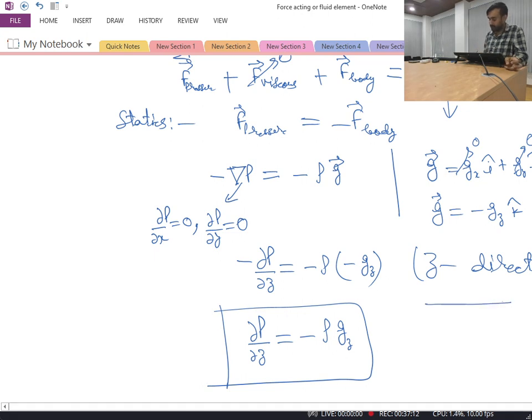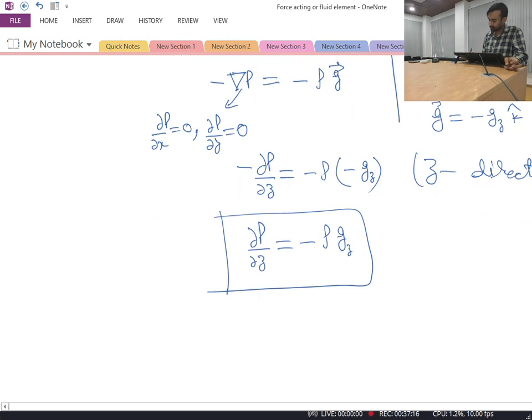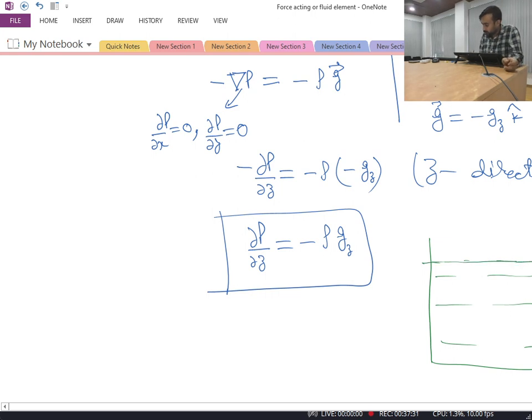As I told you previously, if I have a container and in this container fluid is present, in the horizontal direction our pressure is not changing, so I can say that this particular plane is a plane of constant P value.